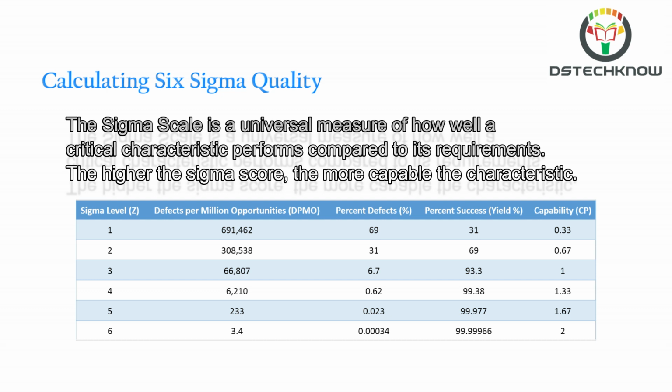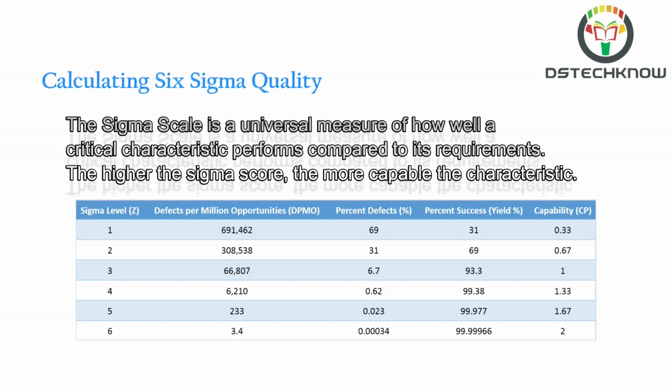If a machine is producing 31% defective parts, we can say that this process or this machine is operating at a 2 Sigma level. Similarly, if the process operates at a 99.97% success rate, we call it operating at a 5 Sigma level. There is an interesting comparison and discussion which leads to the question: is 99% good enough?